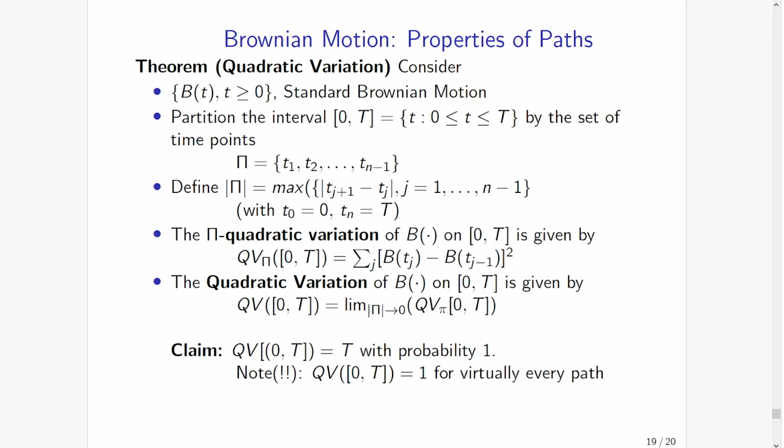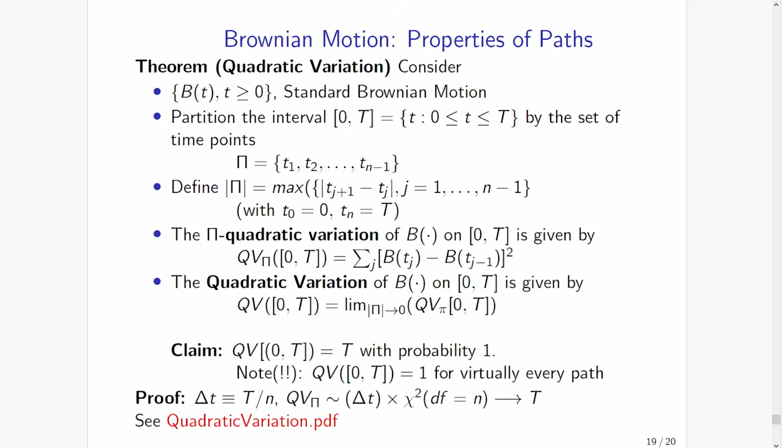And the claim is that this quadratic variation is going to equal capital T, the length of the period, with probability 1. So what does that mean? That means that for every realization of the process, or almost every realization, this quadratic variation is going to equal a constant.